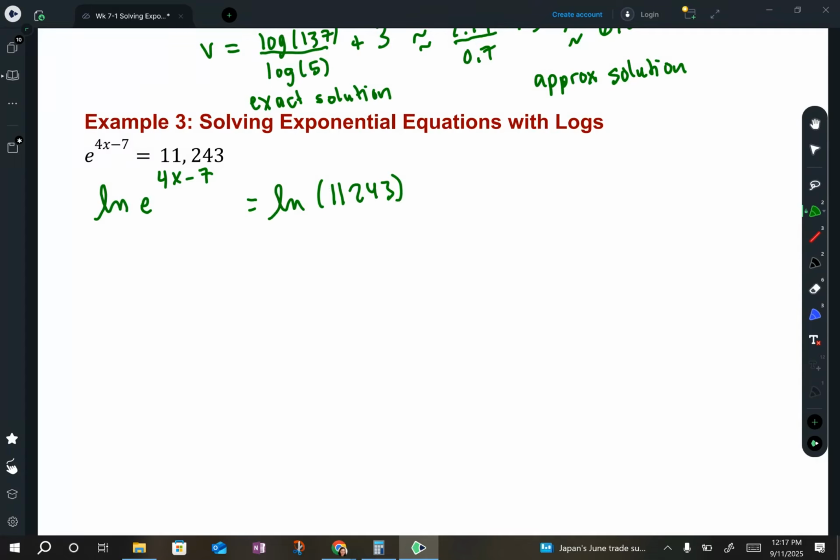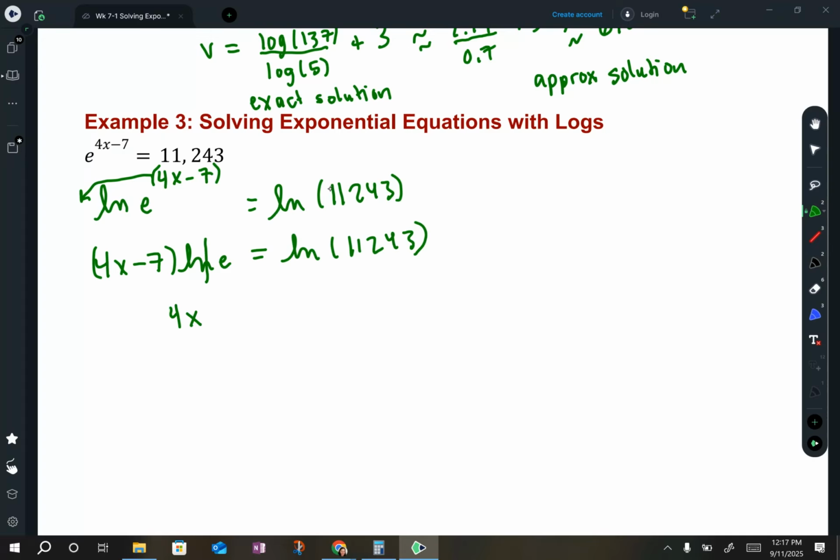I get natural log of e to the 4x minus 7 equals the natural log of 11,243. My 4x minus 7 comes down out front, and we remember that the natural log of e is equal to 1 because e to the 1 is e.